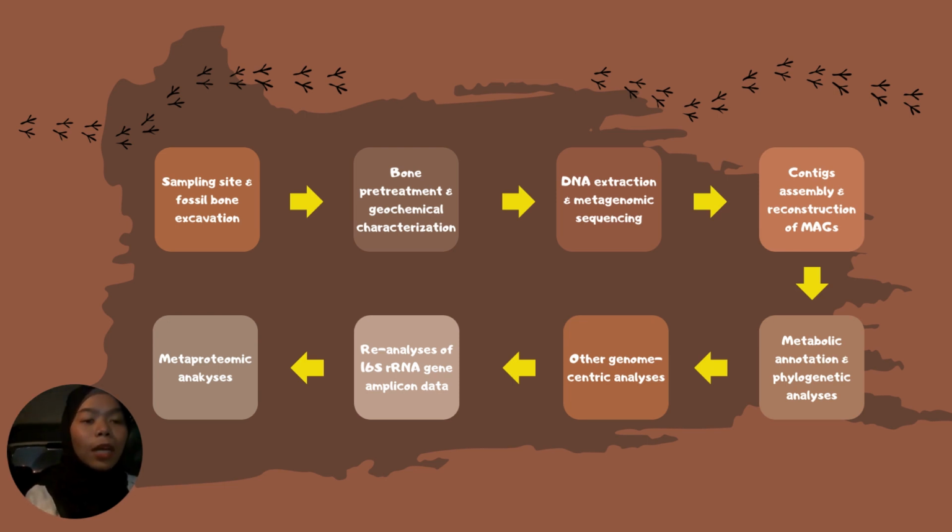Next, metabolic annotation and phylogenetic analysis. Then other genome-centric analysis. Number 7, reanalysis of 16S ribosomal RNA gene amplicon data. Lastly, metaproteomic analysis.